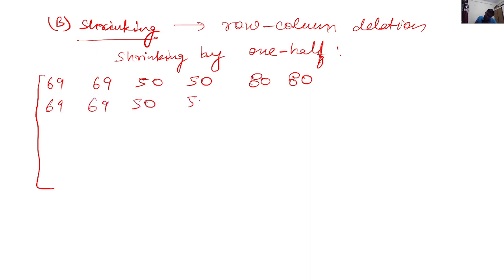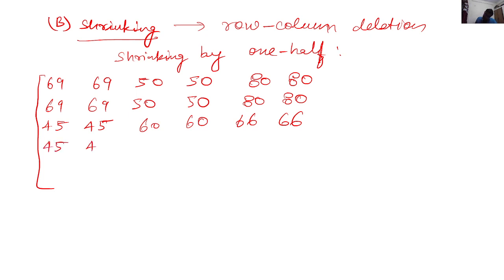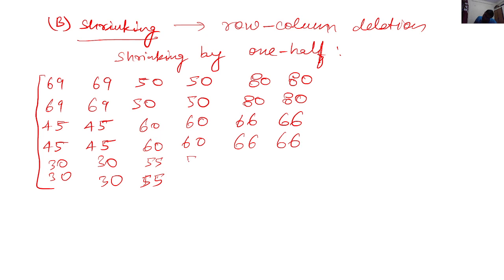Again, we are taking just the example of the nearest neighbor algorithm. 80, 80, 45, 45, 60, 60, 66, 66, 55, 55, 80, 80.